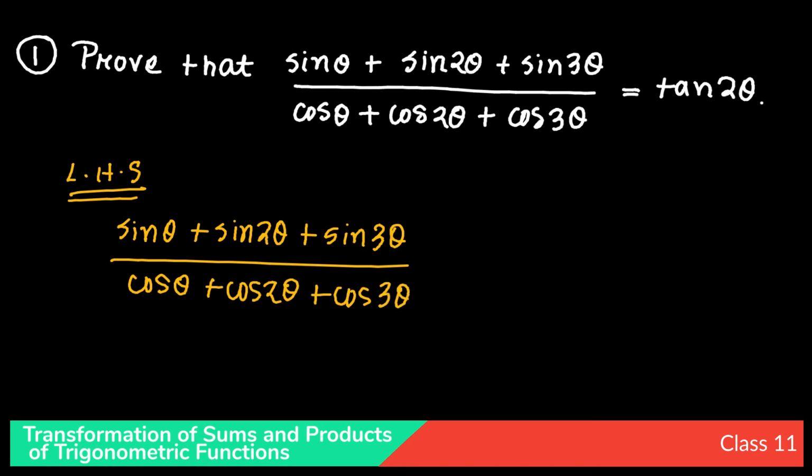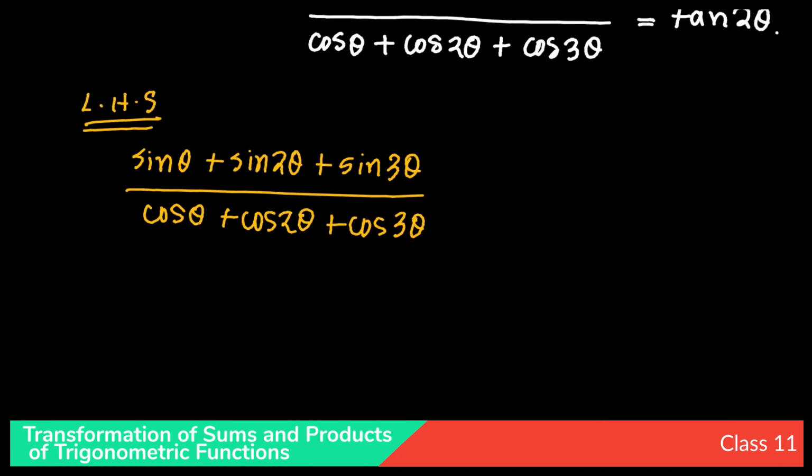Now what I can do here is take sine theta plus sine 3 theta as a whole, and we can separate the sine 2 theta. And in the denominator we will do the same. So why are we doing that?